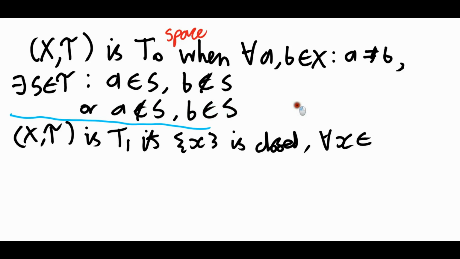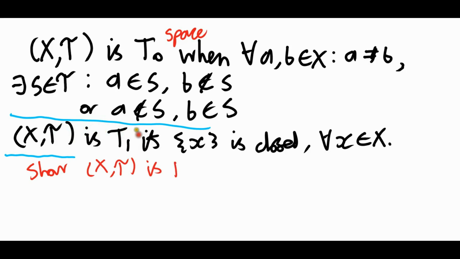So for each member x of X, the set which just contains x is closed. And then the problem is to show that if (X, tau) is T1, then it is T0.